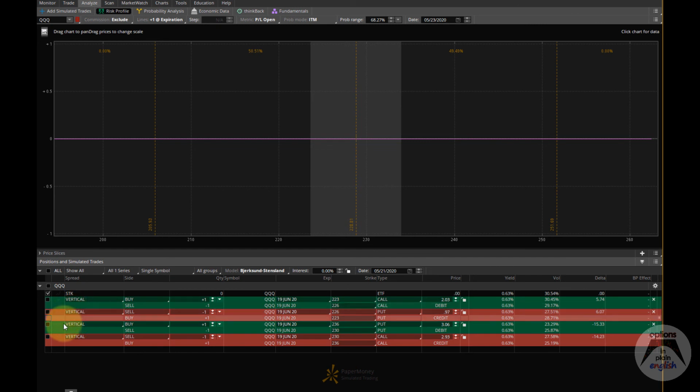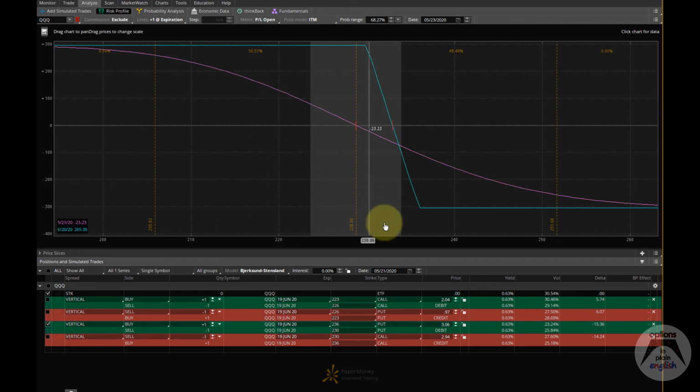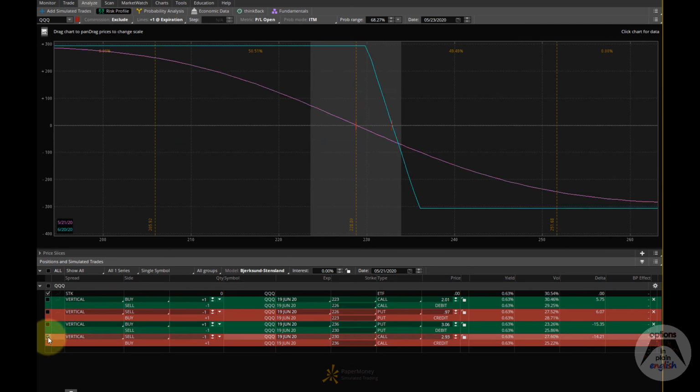Now, if we take a look at the bearish trades, here I'm buying a put spread. Okay, and I can make $294 and I can lose 306. That's with the long put spread. Now with the short call spread, I'm risking $307 and I can make $294.